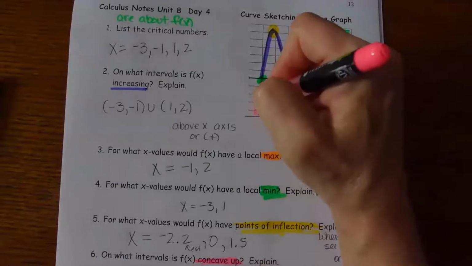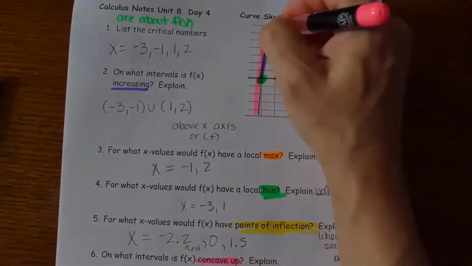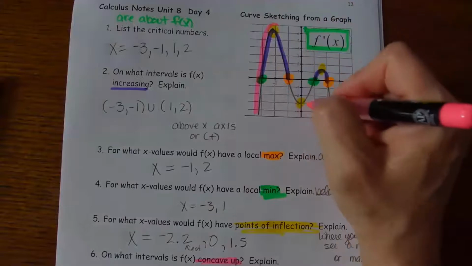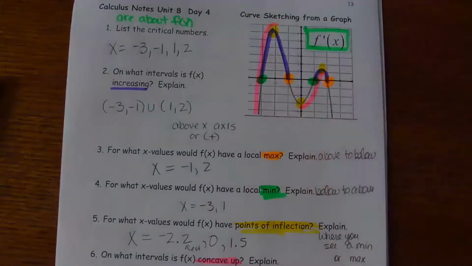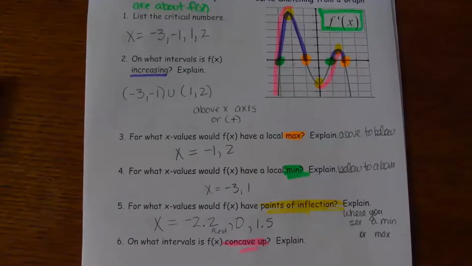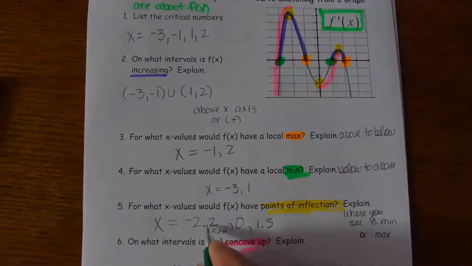So now it's decreasing. Does that make sense where it's concave up? So what would that be? -infinity to -2.2. It's going to be whatever you picked for that number.